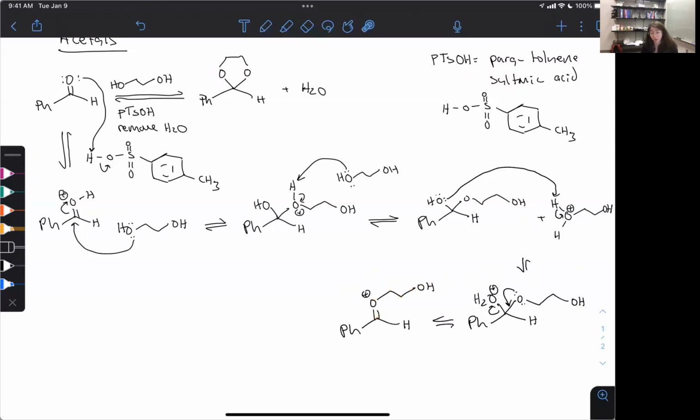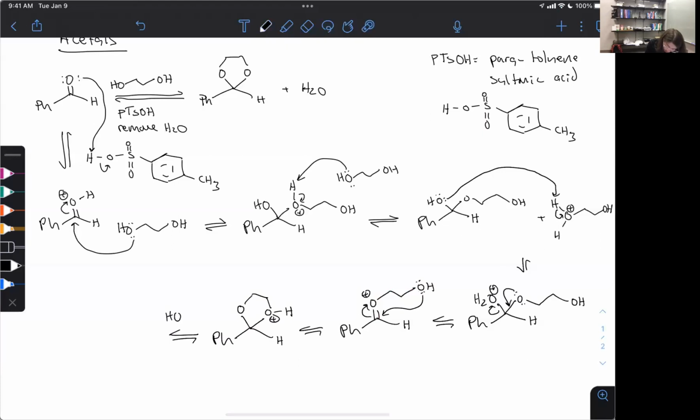Those form really, really fast. So it's going to be way faster to do this intramolecularly rather than intermolecularly. So we're going to go in the same molecule. That's going to form our five-membered ring. We still have an H on that. So the last thing is we just need to go ahead and deprotonate that.